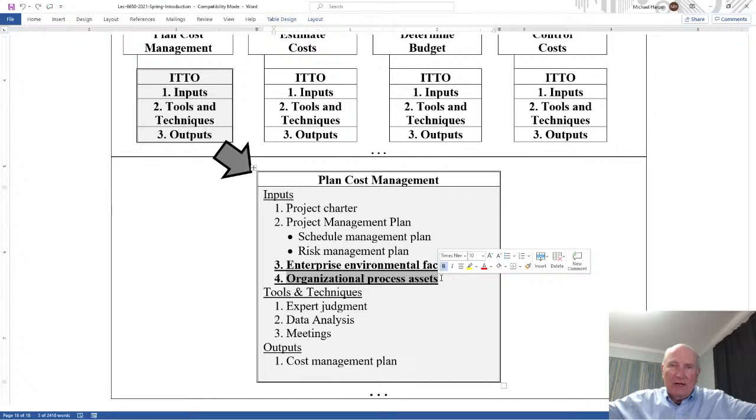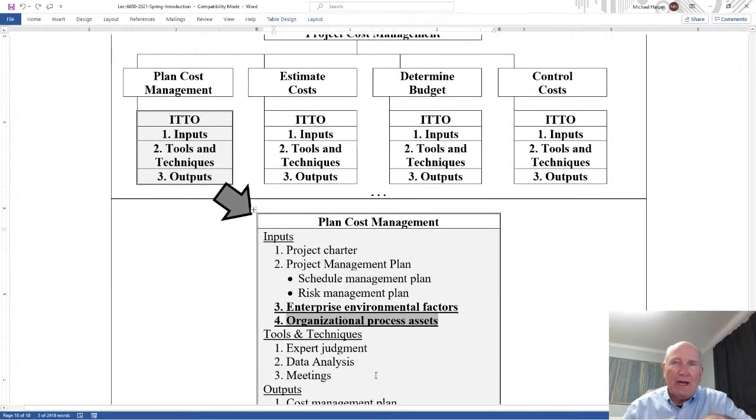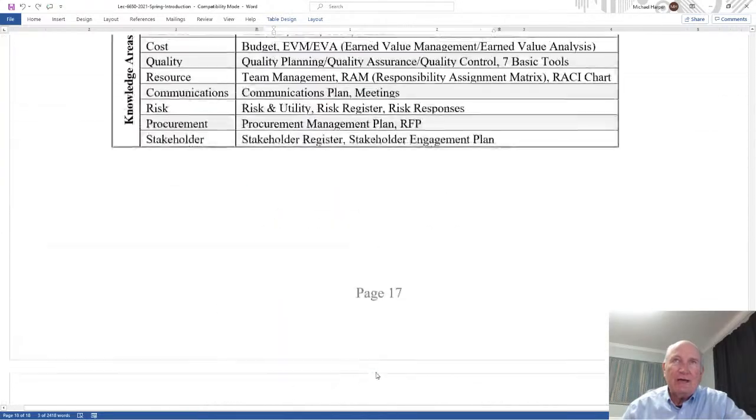Be aware of the external environmental factors. The internal assets will grow. You will contribute to them, and sometimes an output of some of these will be contributing to the organizational process assets. You'll learn how to do things more. Again, it's an art. Okay, and so as you grow and as you build, you'll do that.